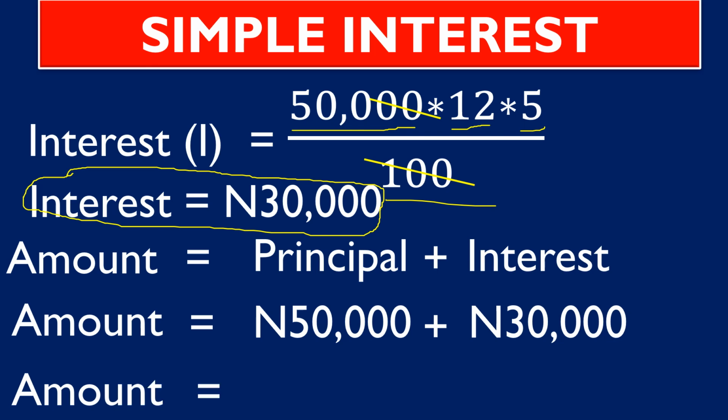Therefore, the total amount will be the principal, 50,000 naira, plus 30,000 naira, which is 80,000 naira. So after 5 years, Adetola will have 80,000 naira in her account.